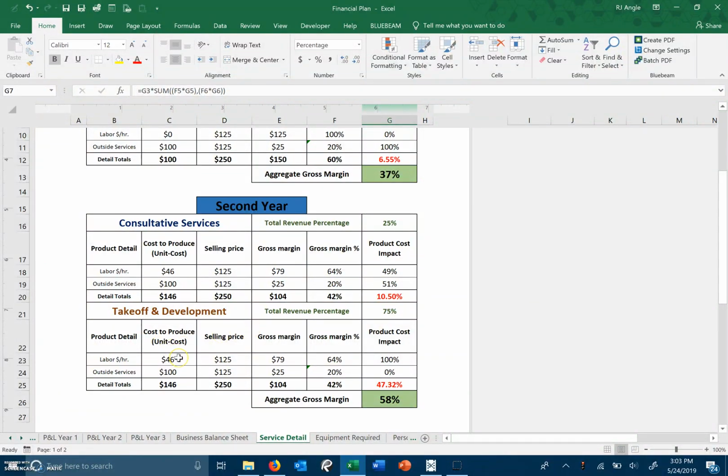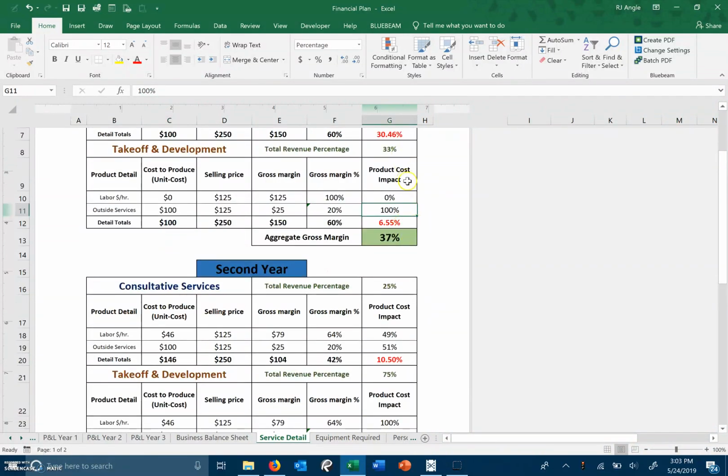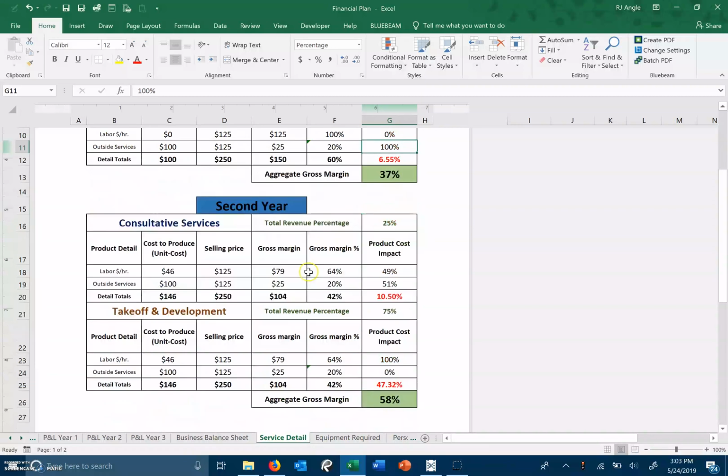Now, the in-house service that I have to provide, they can also meet the need for my second revenue source of takeoff and development for the employees that I have. So I kind of have the same situation here. But now, where I was exclusively outsourced in year 1, you can see that 100% of my product cost impact was coming from outsourced service.